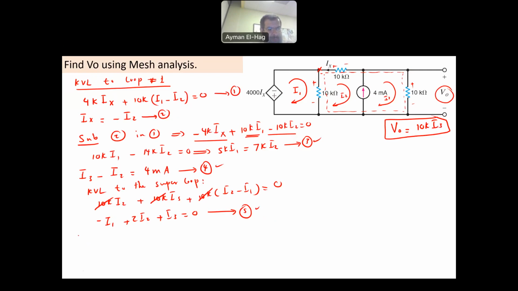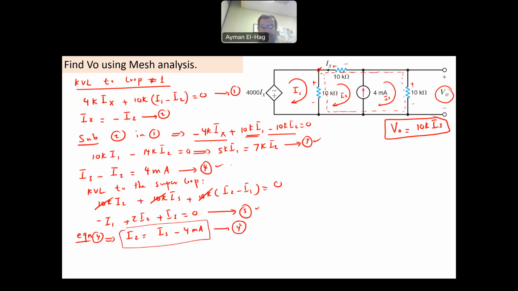From equation 4, we can say that I2 is equal to I3 minus 4 milliamp. This is equation 4 prime.